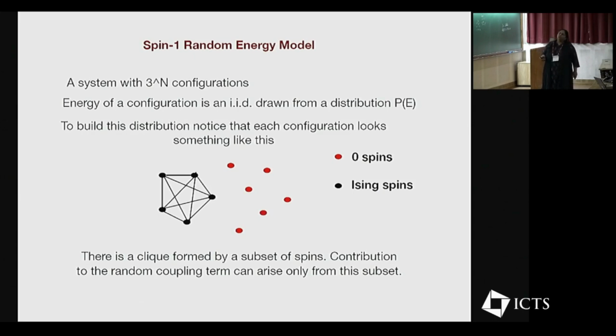The only spins which will contribute to the interaction term are the spins which are plus or minus 1. So we can look at the model as something which has a clique of, say, q plus or minus 1 Ising spins and 0 spins. The only contribution of the random energy would then come from this clique.